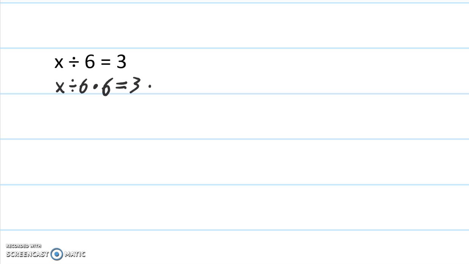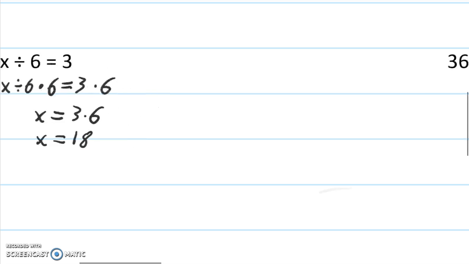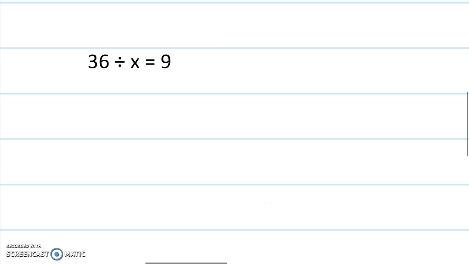And if we do it to one side, we have to do it to the other side. Times 6 divided by 6 equals 1. 1 is gone because 1 times x is still x. And then we have 3 times 6, which is 18. So x equals 18. And here's our last, possibly most complicated question for grade 4.